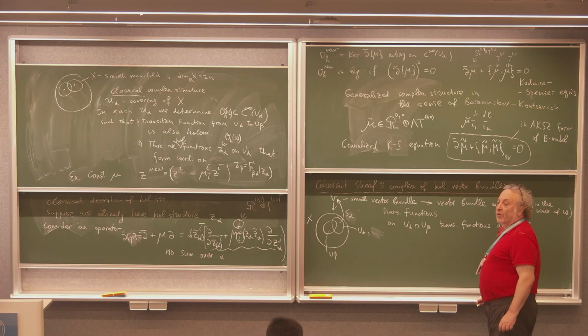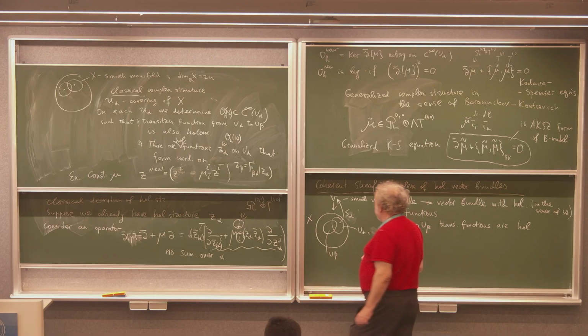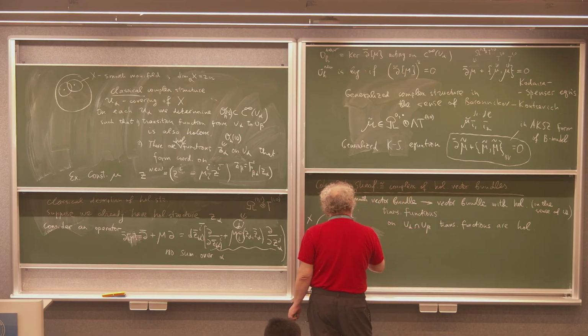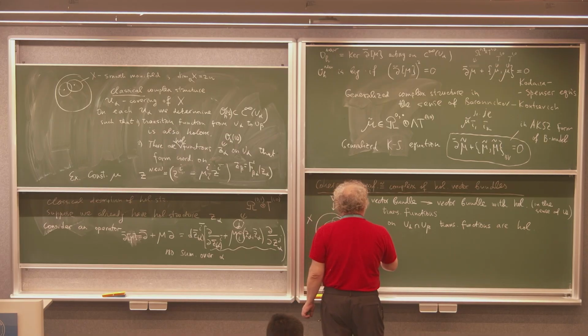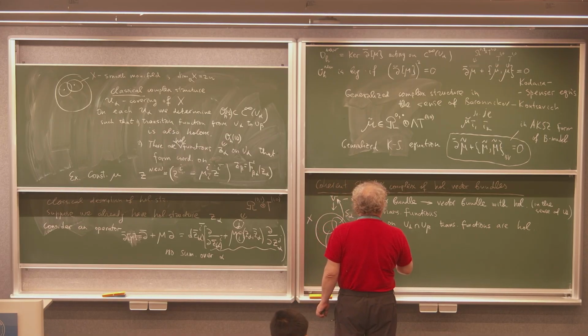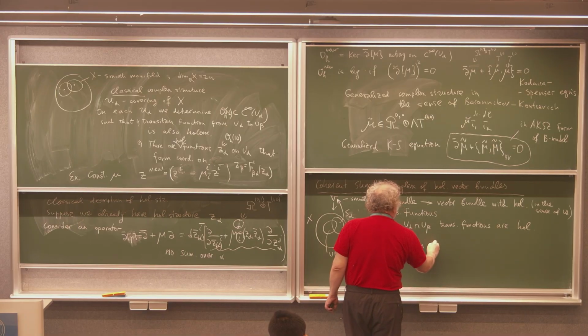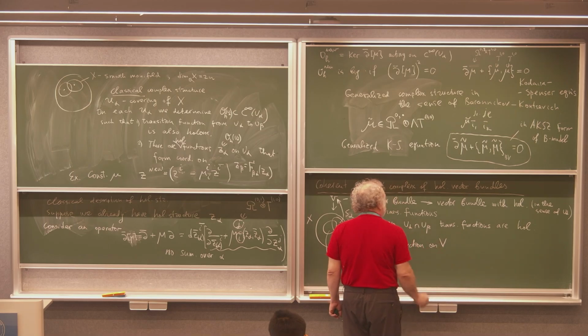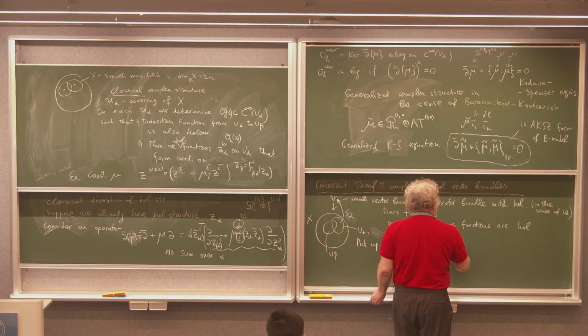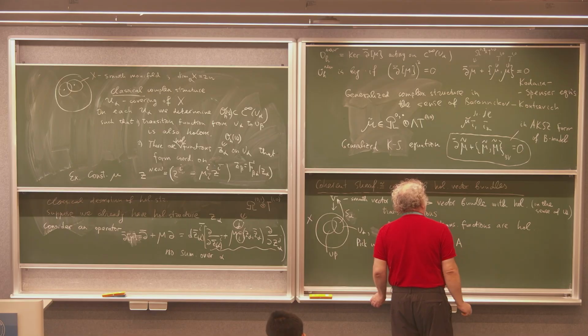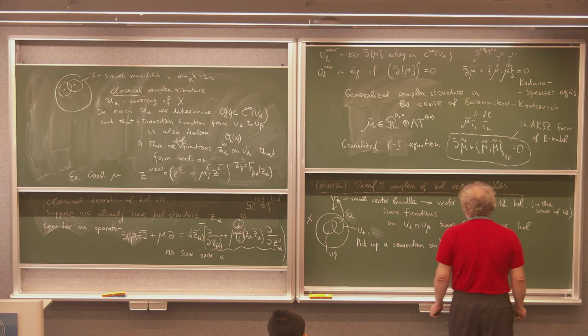There is a standard way to do this. Pick up a connection on V. And then we call it A symbolically.